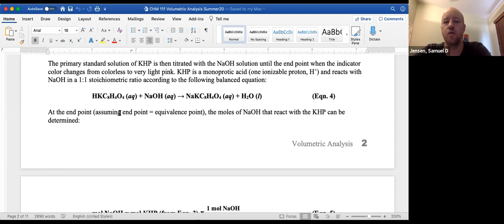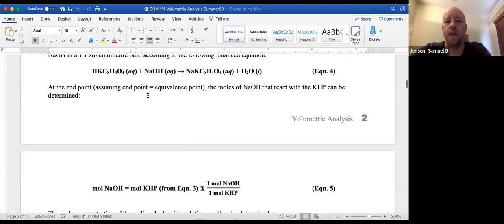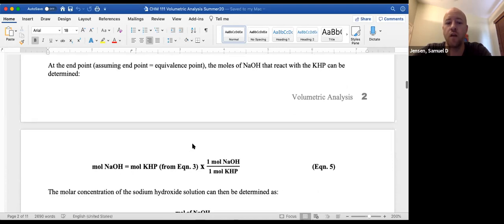So we do the titration, and if we know the moles of this, from our stoichiometry, if we know how many moles of this we have, we can calculate how many moles of this we would have. That's basic stoichiometry from our balanced equation, right?